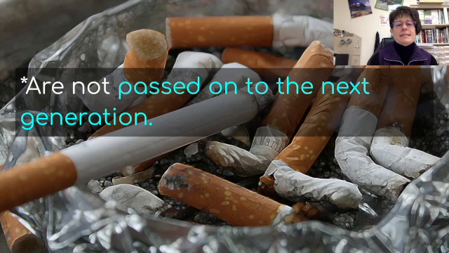And these are not passed on to the next generation. So sometimes there are certain cancers that people are more susceptible to due to their genes, but generally with something like lung cancer, you may be more susceptible, you may be less susceptible, but it's not that if your parents had lung cancer, you will have it. No, usually there's some other factor such as smoking that's involved.